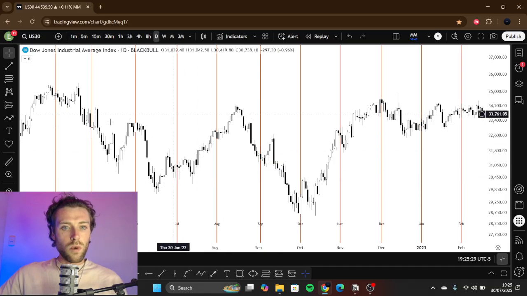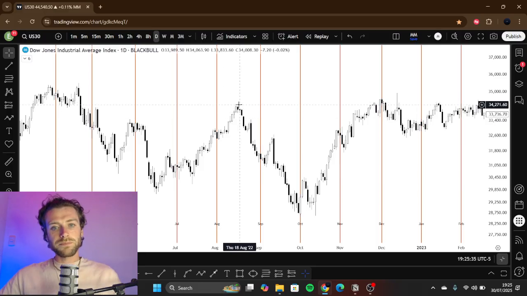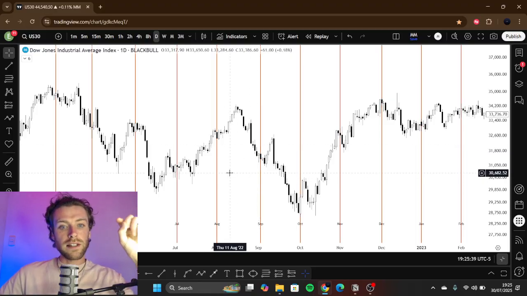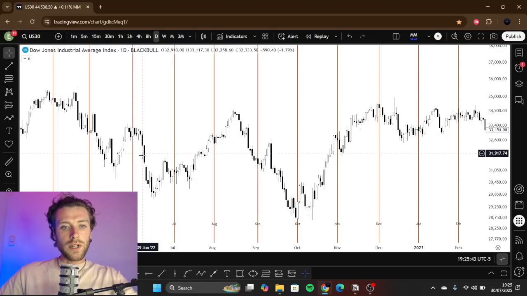So what we want to do is train our eye to figure out what do they look like. And we can do that on the lower time frames. But for this example, we're going to stick to the daily. So what we're intending to do is figure out that when the month opens, we're inside the previous month's high and low.